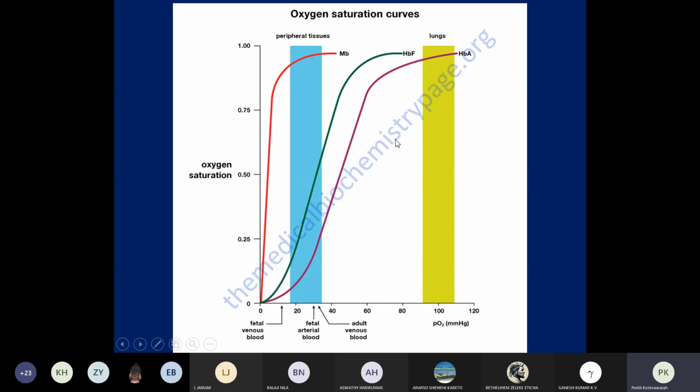From this diagram, you can see that to achieve 50% saturation, myoglobin requires a lower partial pressure compared to fetal hemoglobin as well as adult hemoglobin.